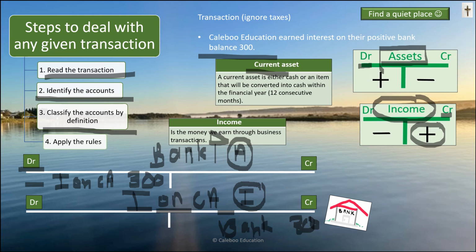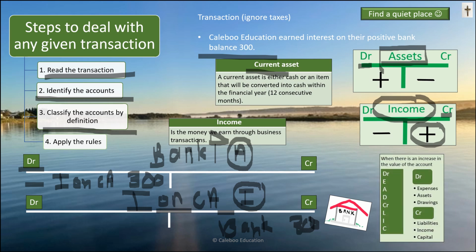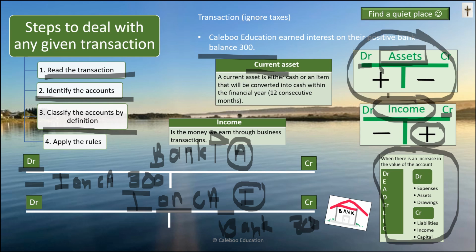The bank balance is increasing, so this would go through the cash book receipts. I did also put here in the slide the DEADCLIC acronym, if you want to use the DEADCLIC acronym. So you have two options here. You learn your rules off by heart. You can classify these accounts: asset, income, expense, liability, drawings, capital.